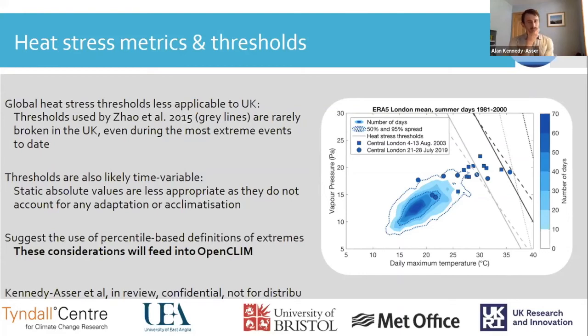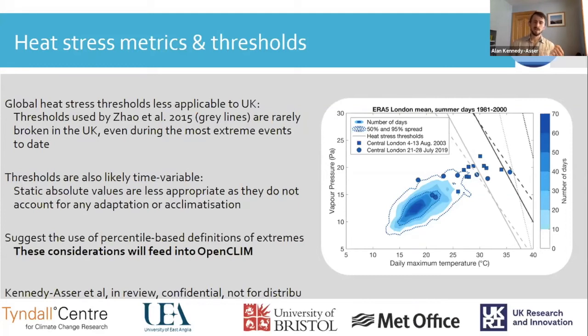Another concern we would have with picking out a single value and saying that this constitutes slight or dangerous or whatever heat stress is that that would suggest that it's not going to change in time, which we don't think is very realistic. Actually, society adapts and people acclimatize, so you'd expect potentially these thresholds to increase. So based upon this work, we suggest that the use of a percentile based or relative threshold is more important.